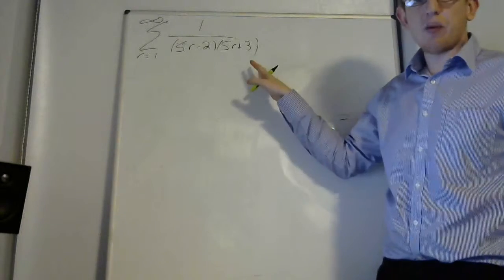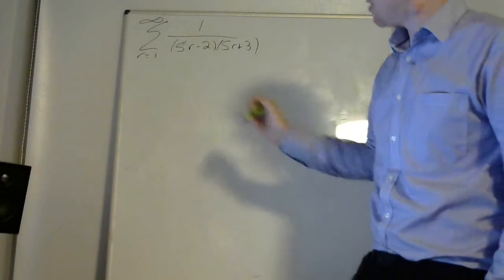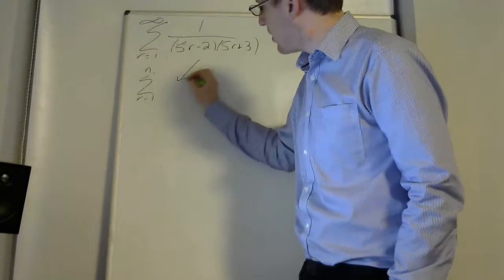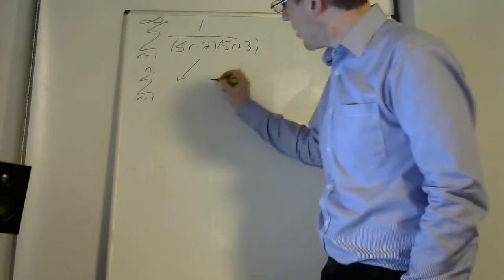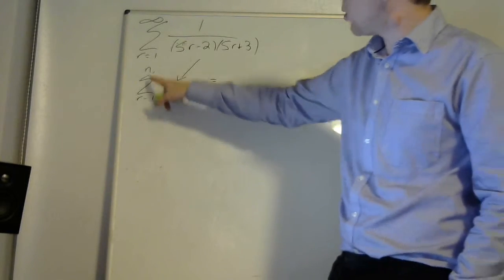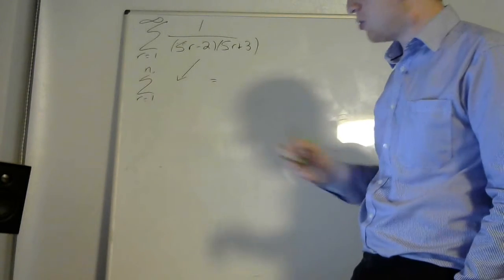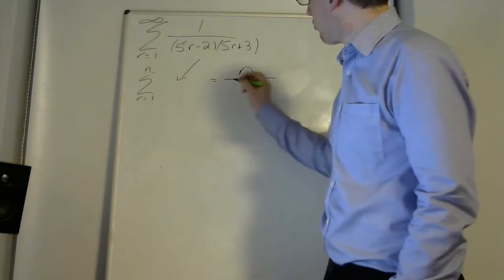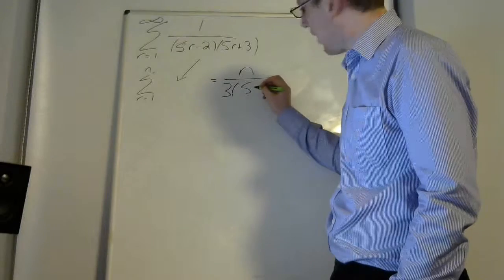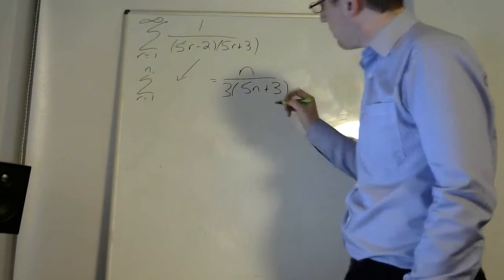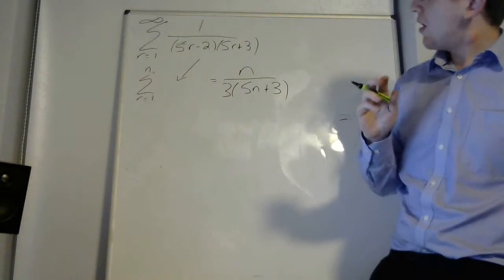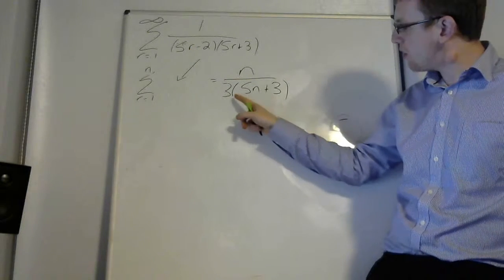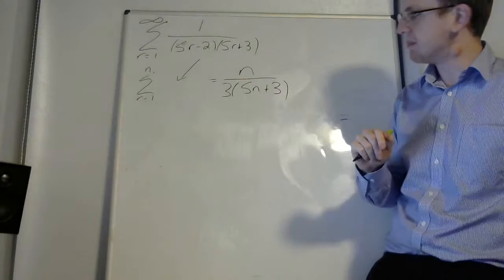We know that the sum from r equals 1 to n of this stuff is equal to n over 3 times 5n plus 3. So when this is an n here, the formula is going to give us n over 3 times 5n plus 3.